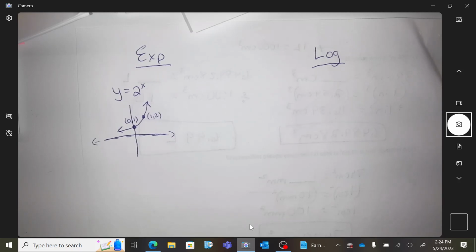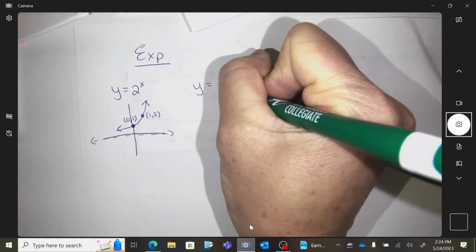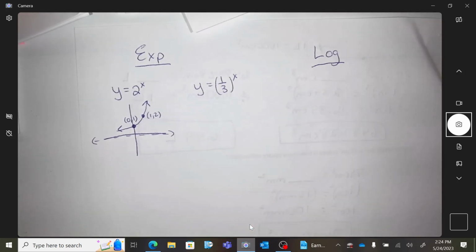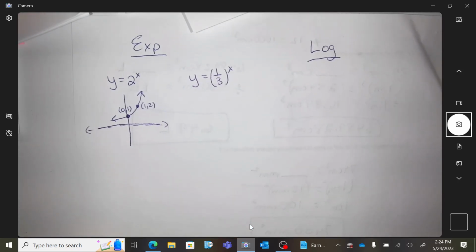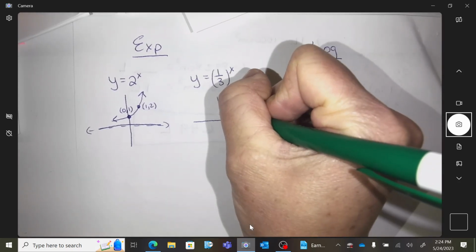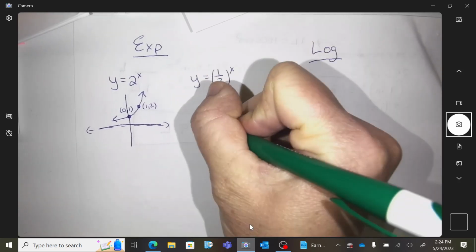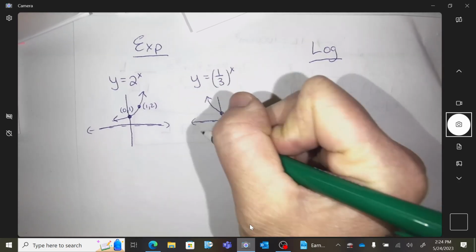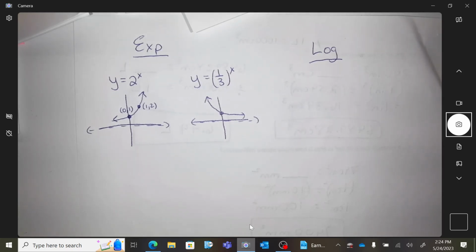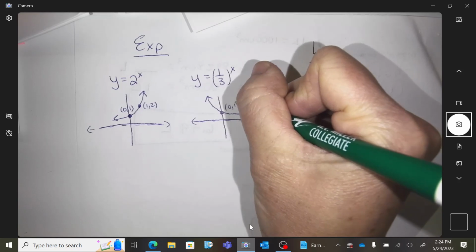There is also another type of exponential. And this looks like this. Zero, comma 1.